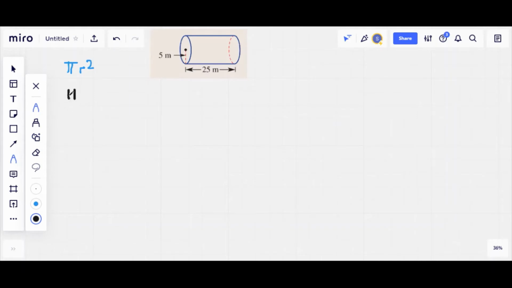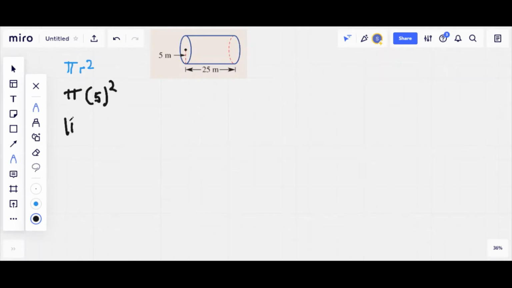So I've got pi times, in brackets, 5 squared. It's really important that we square the 5, the radius, by itself first. We don't square the entire sum, so we don't multiply the pi and the 5 first and then square it. We've got to square the 5 first.